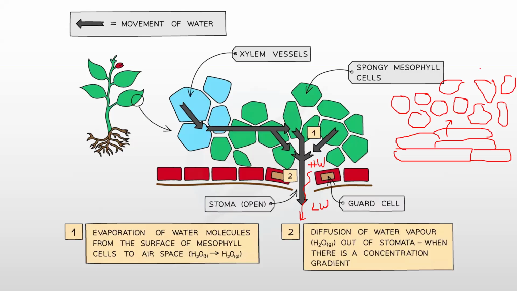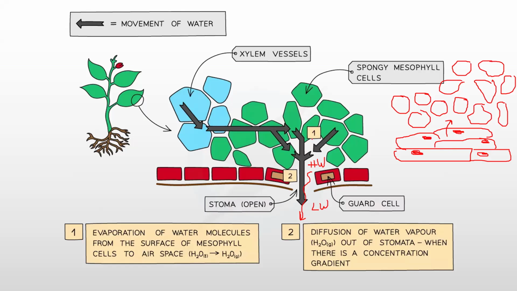Palisade mesophyll cells produce water by photosynthesis, right? Once they produce water by photosynthesis, don't they create energy by photosynthesis? Yes, they do create energy, they do create food, but there's a lot of water vapors over here.